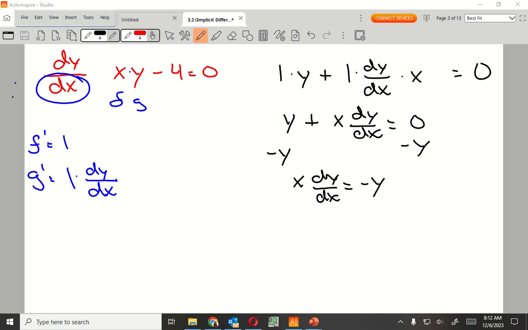And then I need to get rid of that x. What is the x doing to my dy/dx? Multiplying, and how do I undo a multiplication? Very good. So I'm going to divide both sides by x. So dy/dx is equal to negative y over x.